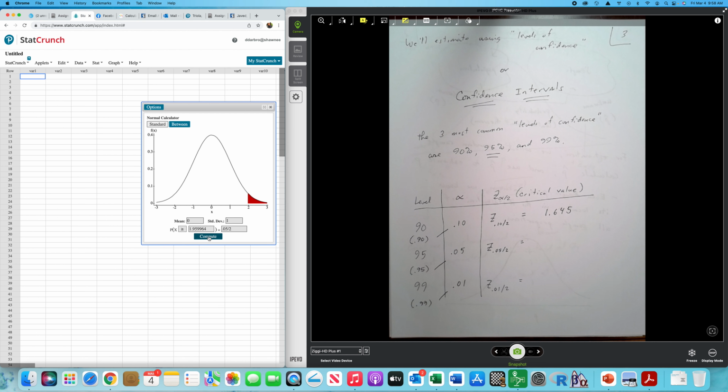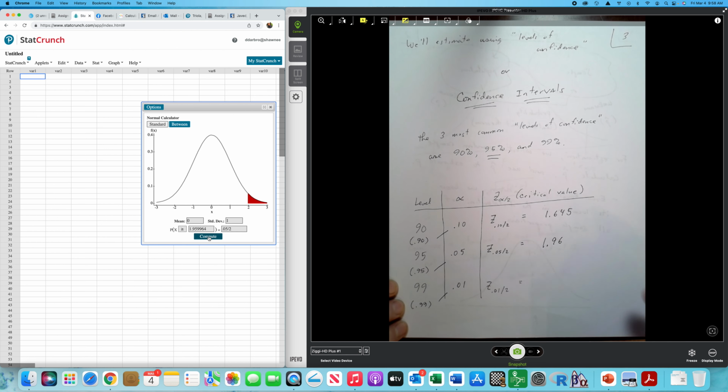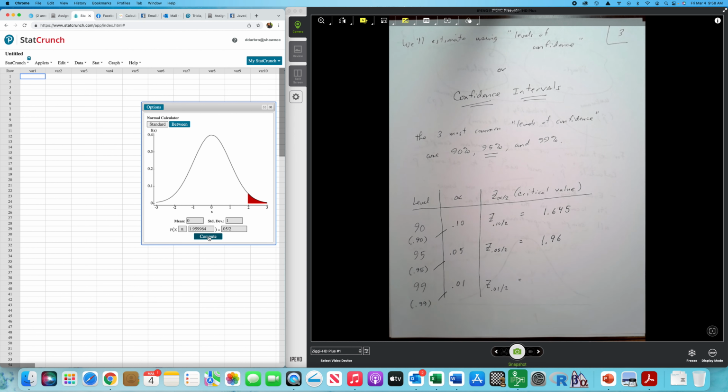So we get 1.96. Now I have these memorized, but it's not about me. It's about you. I want you to make sure that you understand this. The 99 is the z for 0.01 divided by 2. So we get 2.58.